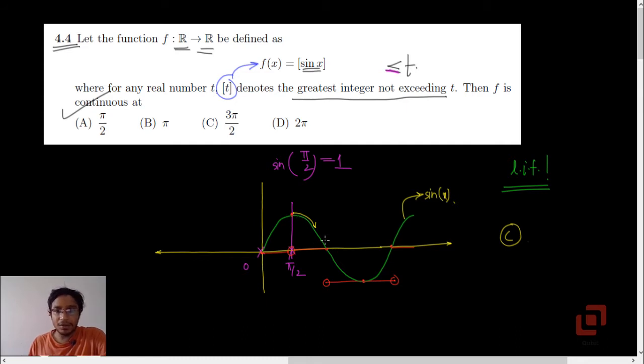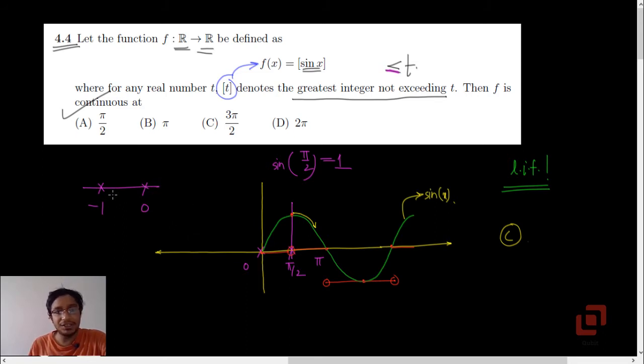Because in the second quadrant we know that sine is positive, so from pi by 2 to pi again it will decrease from 1 to 0, so the graph of box of sine x will also be along the x-axis. And this process will not continue after pi, because once you reach pi, the values of the function sine theta become negative, which means they will now be in between -1 and 0 until you reach 3 pi by 2.